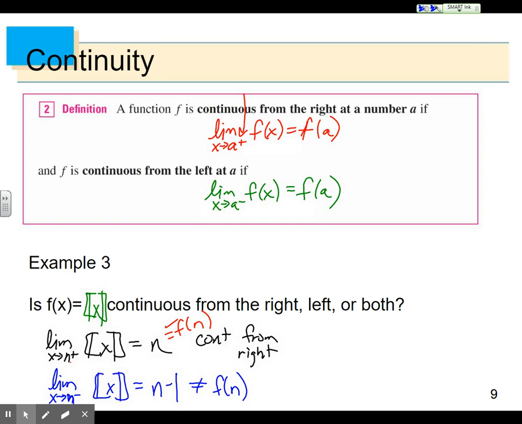If n is 3, and I'm approaching it from the left, I can expect my value to be 3 minus 1, no matter what integer I'm trying to approach. It would go down 1, down to 2. So it's not continuous from the left, it's only continuous from the right.